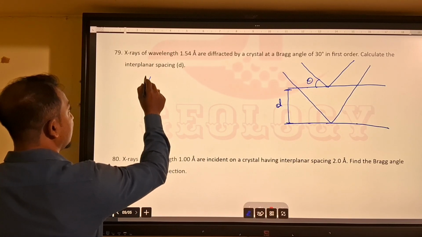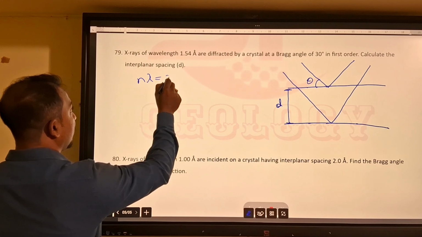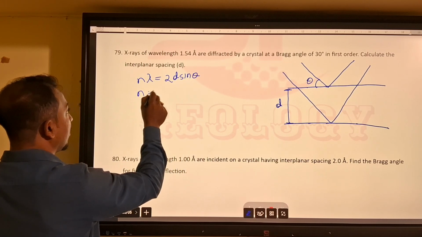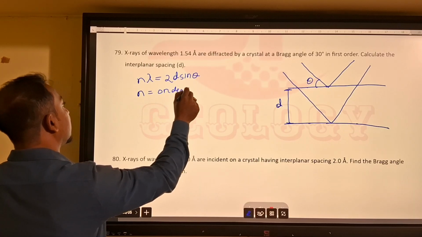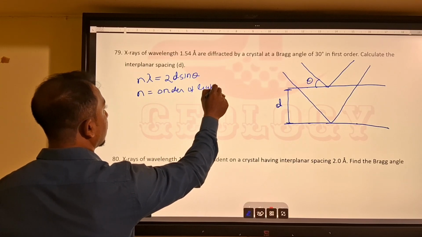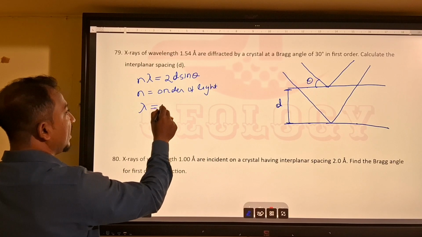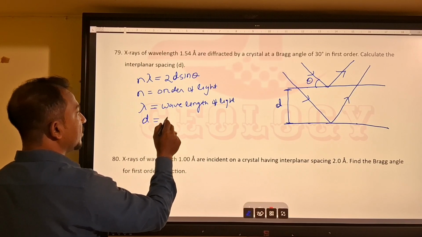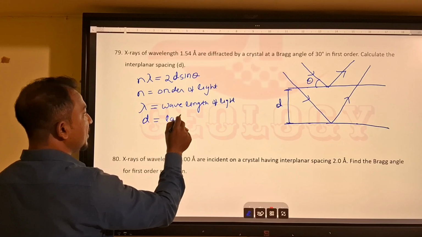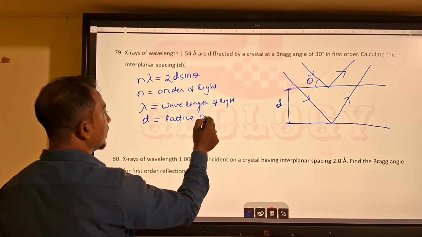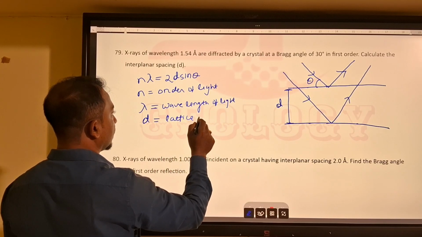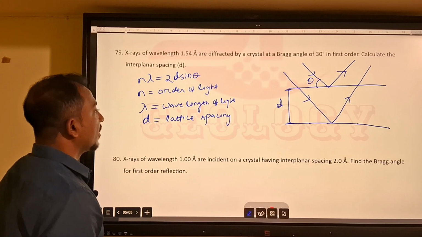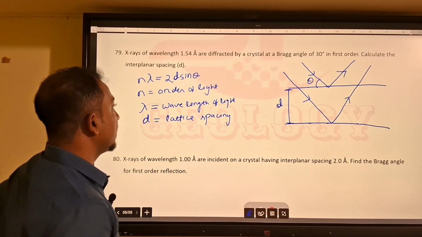The formula says n lambda equal to 2d sin theta. n is the order of light, lambda is the wavelength of light, d is the lattice spacing, or interplanar lattice spacing you can say.